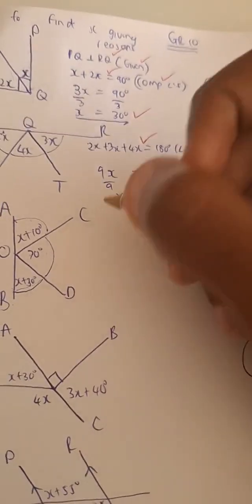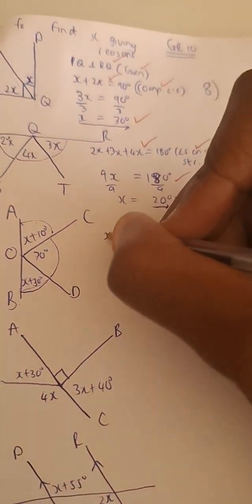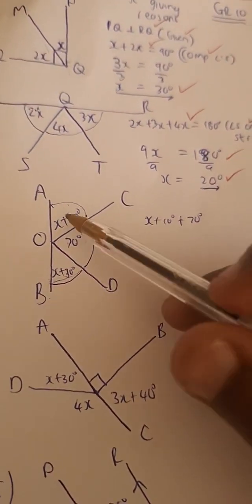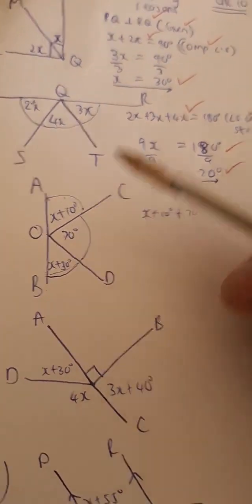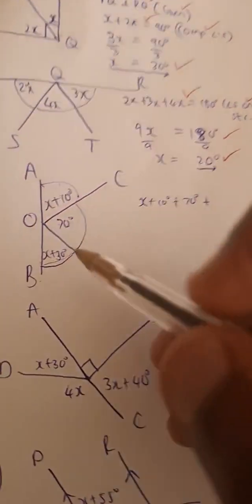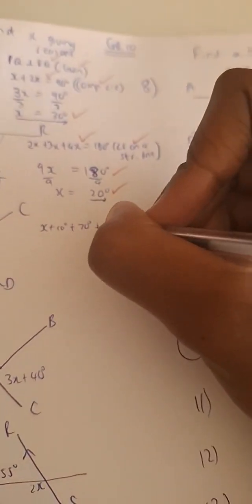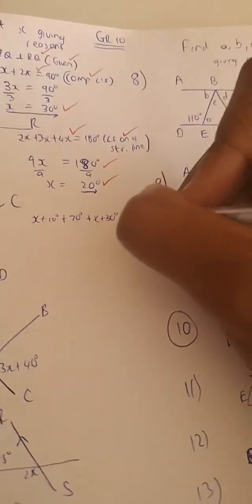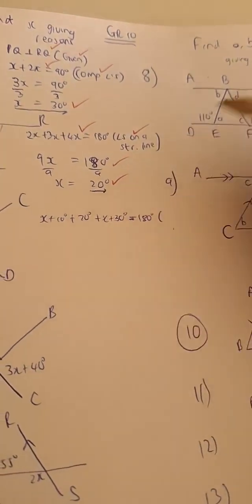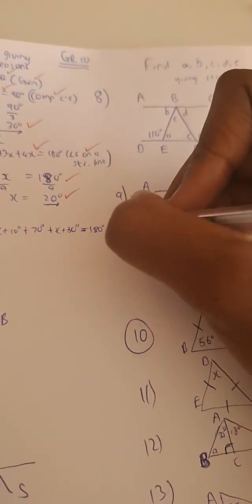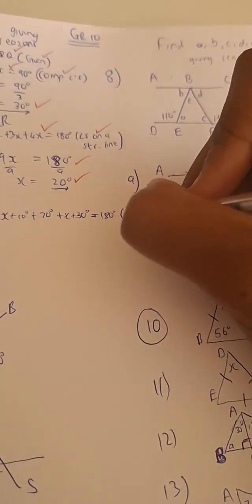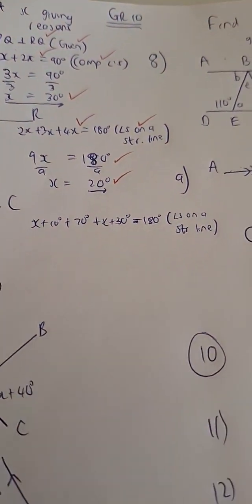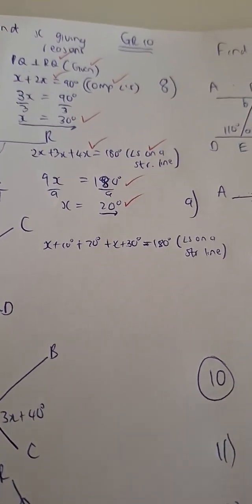So what then can we say? I'm sure you guys are seeing this with me. x plus 10, which is the binomial, plus 70 degrees plus x plus 30 degrees gives me 180 degrees. And then my reason, angles on a straight line, for short, as the acceptable reasons say.